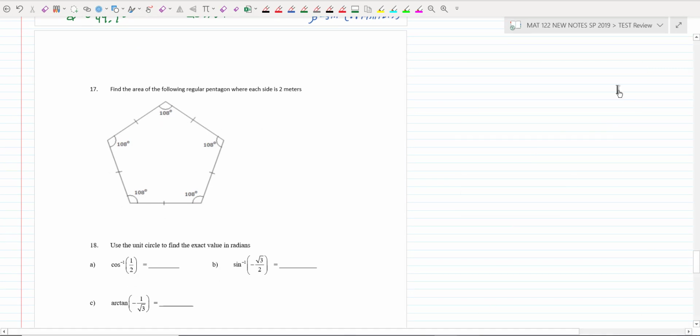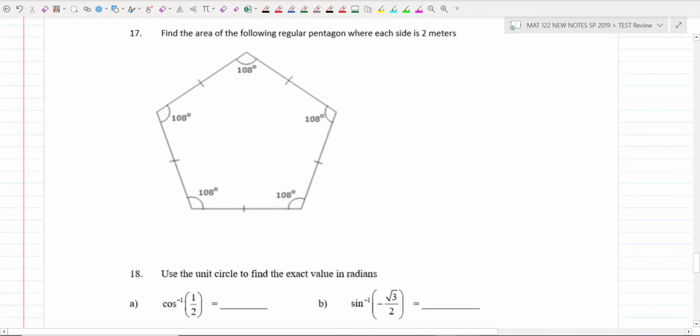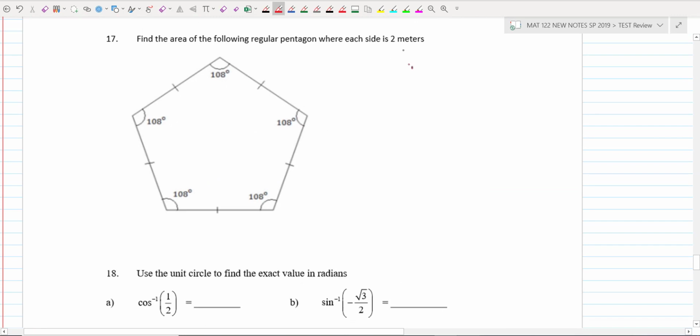We talked about how to work with different types of regular polygons to find areas using the trig formulas that we've learned. So I just want to go over this a little bit. You're given that all the angles in a pentagon add up to 540 degrees, and you can divide this up into 3 triangles.